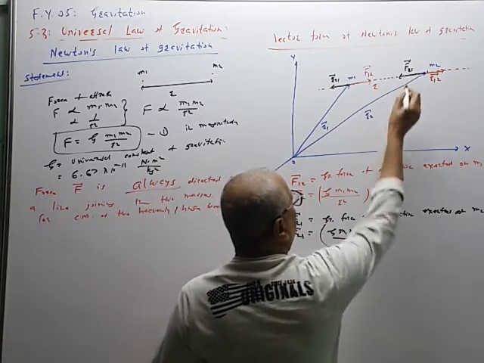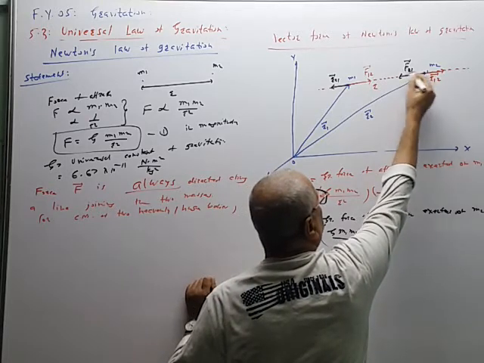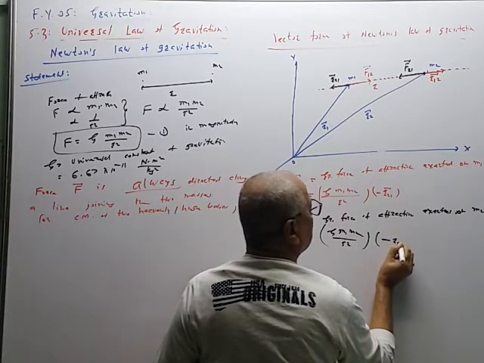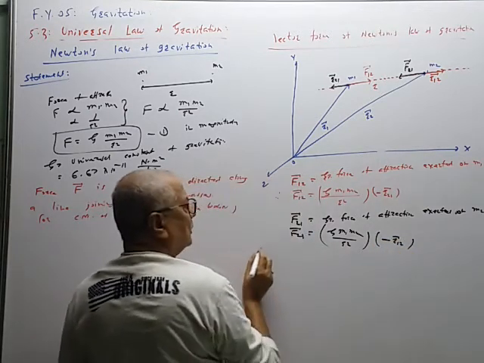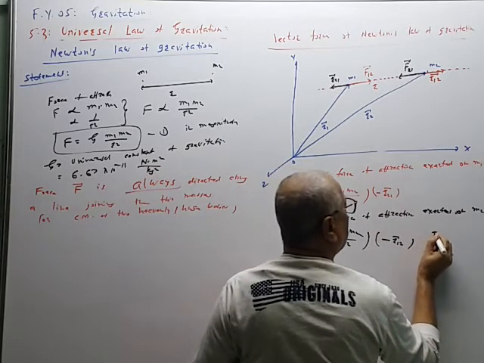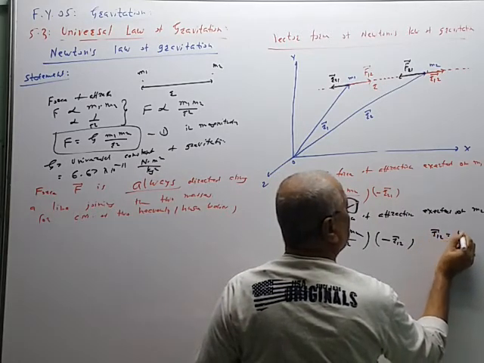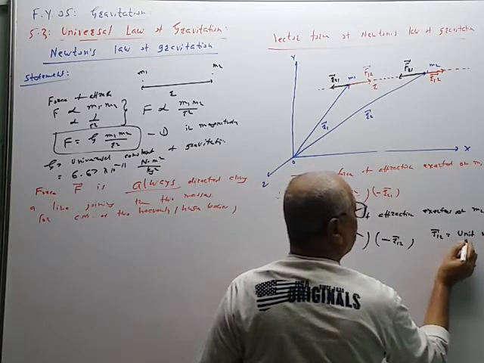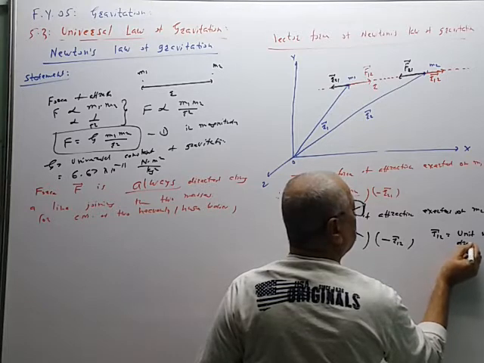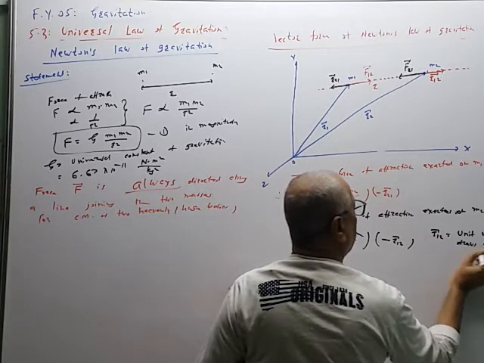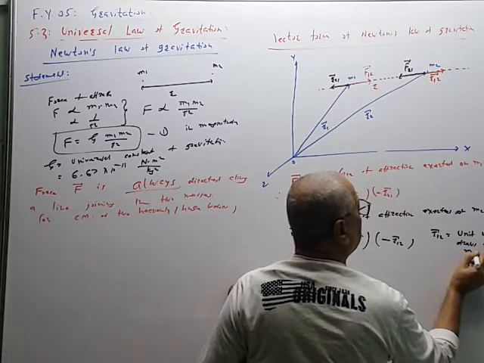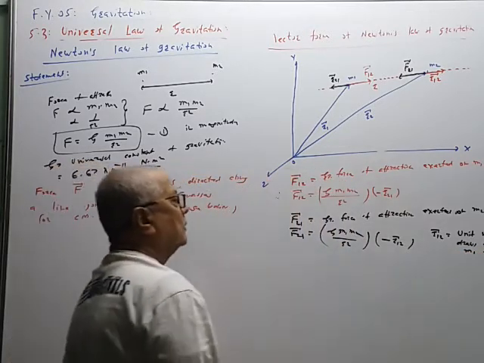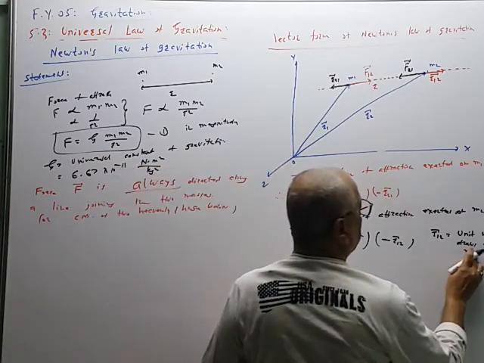Now, if we consider this force and this unit vector, so it is again minus r12. So in this case, this r12 is a unit vector. So its magnitude is 1. Unit vector drawn from m1 to m2. Sorry, from m2 to m1.